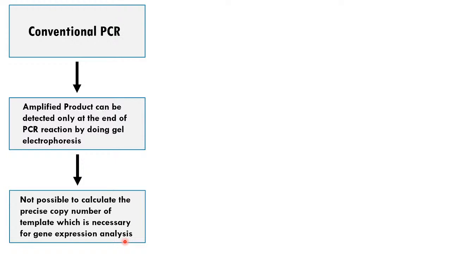That is why conventional PCR cannot give us quantified information about how much DNA or RNA was initially present in your sample, which is the basis of gene expression analysis.